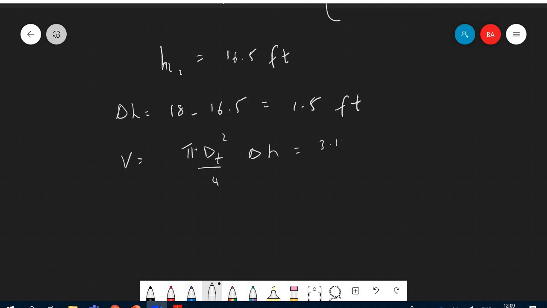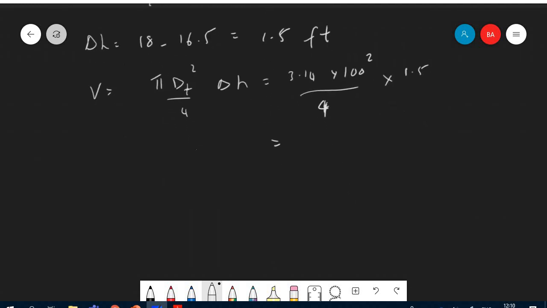So that is this distance here. If I want to calculate the rest, it is 18 minus that distance that I have obtained, which means delta H is 18 minus 16.5, which is 1.5 feet.